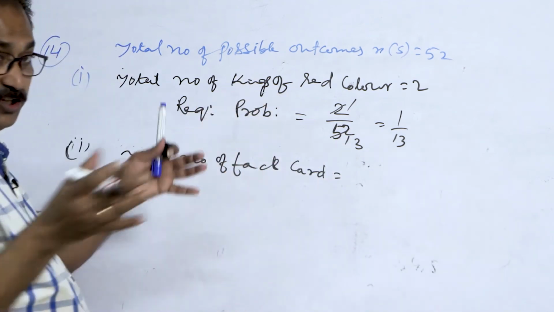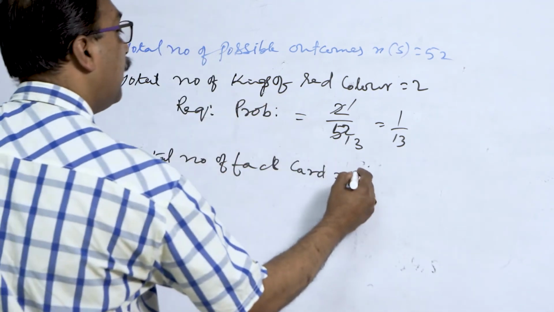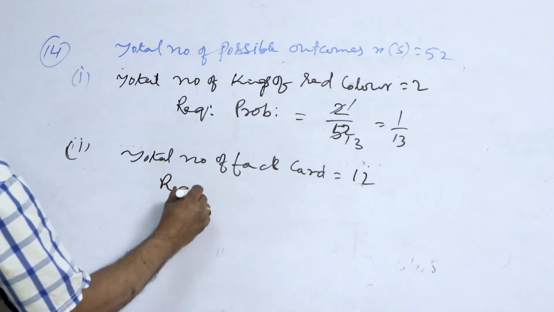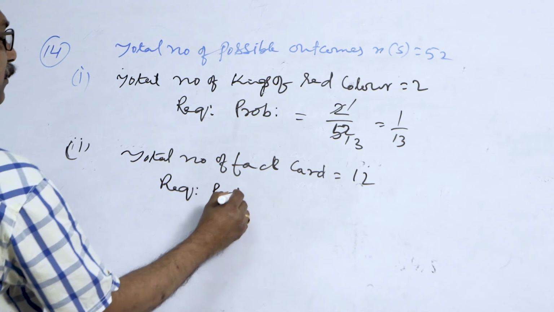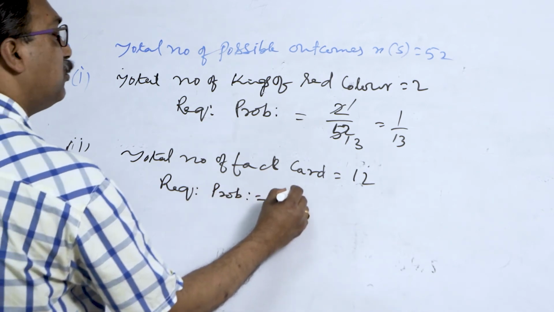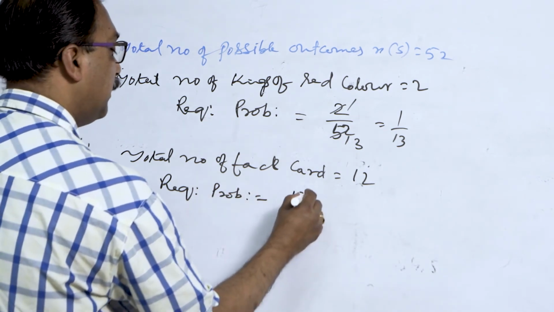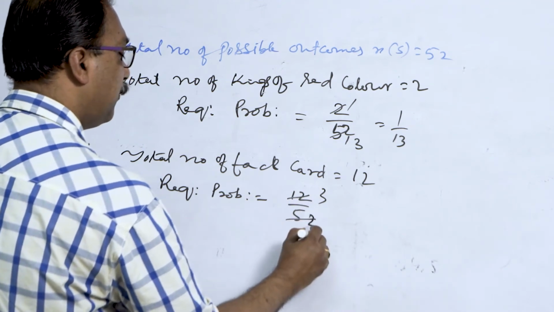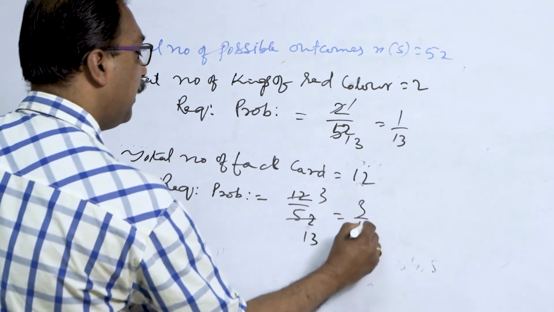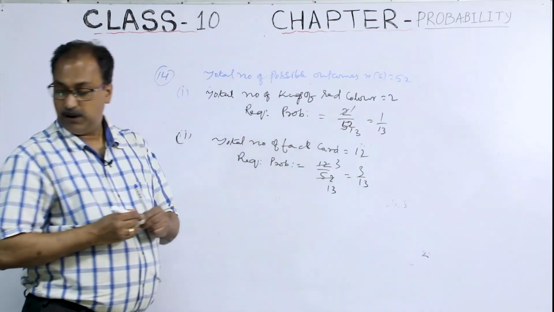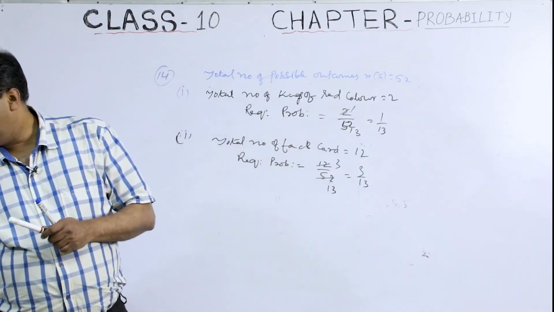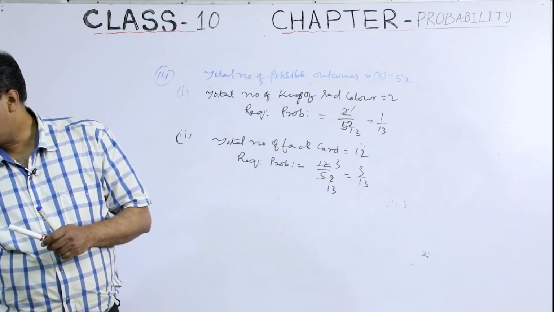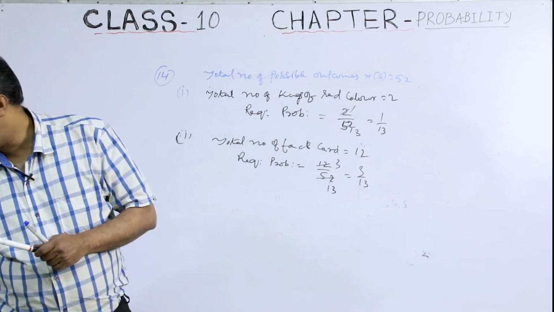You just go through the chart I gave you. The required probability on that event is 12 by 52. Cancel it: 4 threes are 12, 4 ones are 4. So it will be 3 by 13. Do you get my point? 3 by 13. Clear?